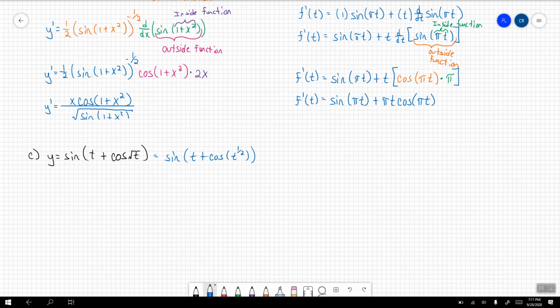And again, now is where I get to see that I do have these inside and outside functions. The first thing that you're going to see is that you do have this big overall function, and that's your sine function. So this is your outside function. And again, this outside function is just sine. Sine, in its argument, has a different function embedded in it.